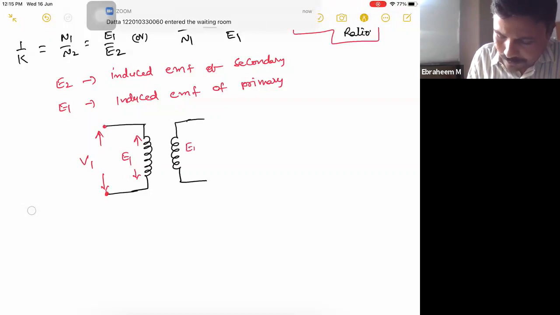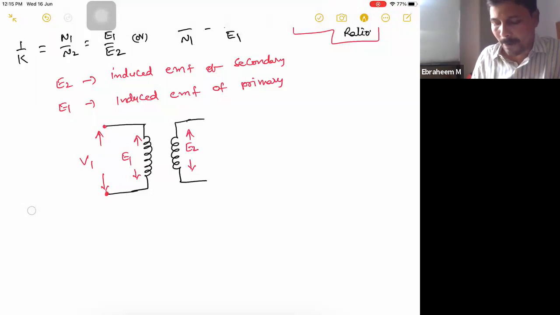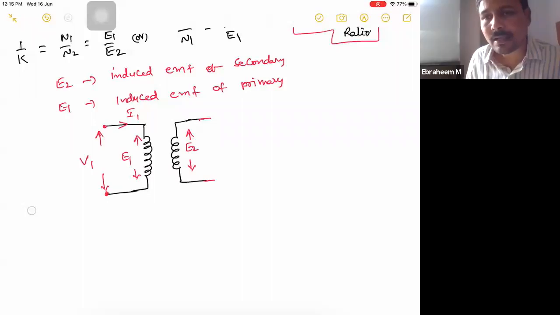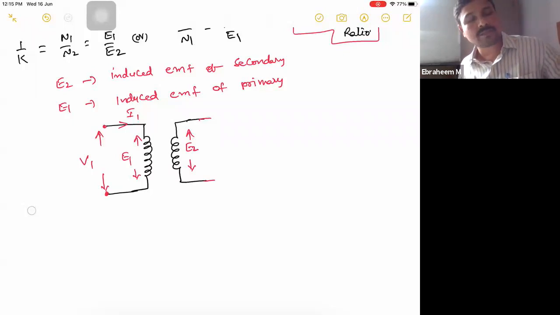Similarly, E2 is an induced EMF, a mutually induced EMF. E2 is induced because of the current flowing in the primary, or something related to the primary has caused an induced EMF in the secondary. So E2 is induced because of the current flowing in the other coil. That's why it is mutually induced EMF.